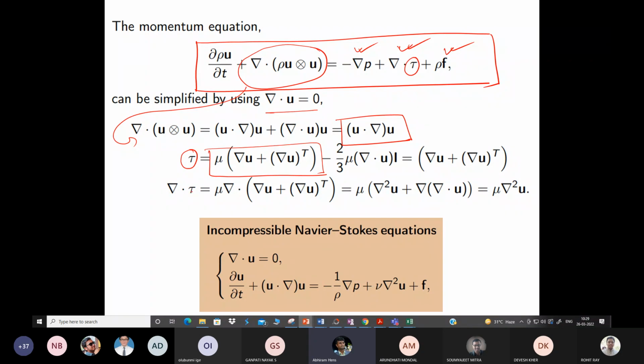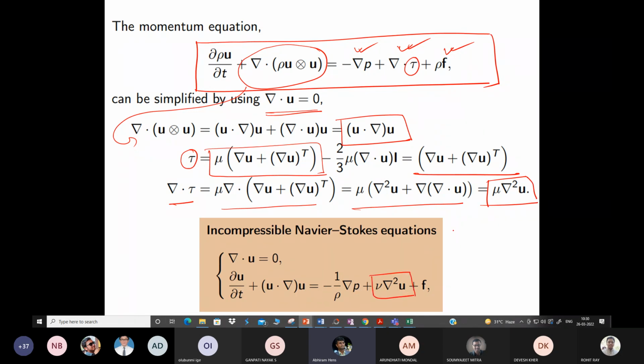Now, if you simplify it, this is the model of tau. If you take del dot tau, it will come like this, and if you do a little bit of simplification and consider del dot u equal to 0, it will give you mu del square u. That is what we see here.